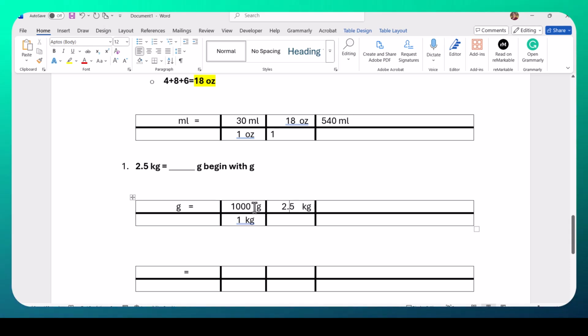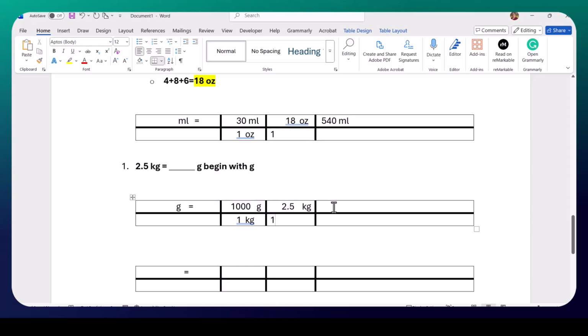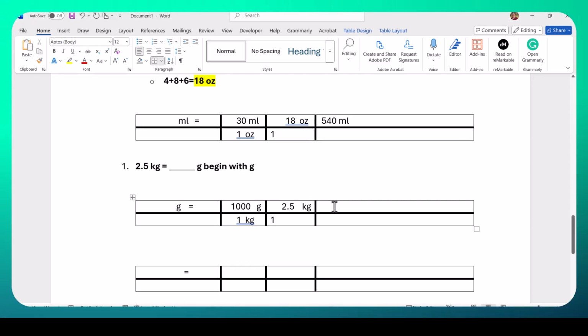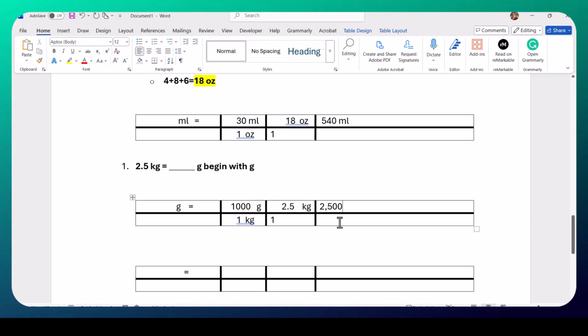I'm left with grams. Grams is what they asked me for. So now all I have to do is do the math. 1,000 times 2.5 is going to give me 2,500 divided by 1, because 1 times 1 is 1, and it's grams. So 2.5 kilograms is equal to 2,500 grams.